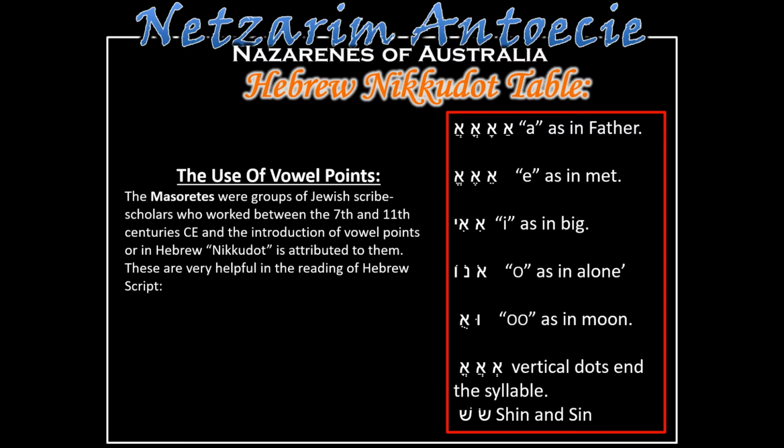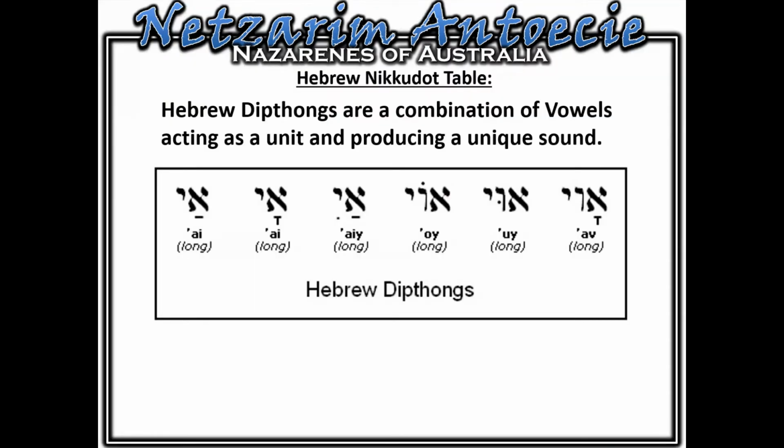So, we'll quickly have a look at this. They call them diphthongs, but basically they're a combination of letters. It's just giving you some examples here where this is a long sound.